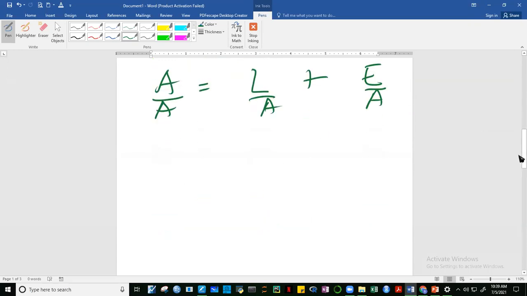Pag dinivide natin lahat ng assets over assets, what's this, guys? What is assets over assets? Anyone? Simple lang yan, guys. Total assets over total assets.